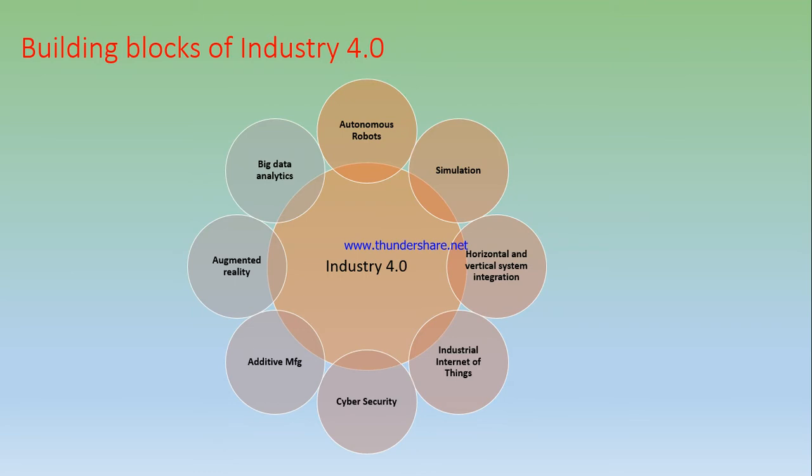Basically, if we see the building blocks of Industry 4.0, it is integrated by various technologies that include cyber security, additive manufacturing, augmented reality, big data analytics, even artificial intelligence, machine learning, autonomous robots, simulation, different types of simulation that are being used very widely nowadays, and horizontal and vertical system integration.